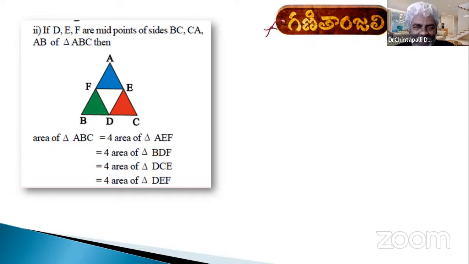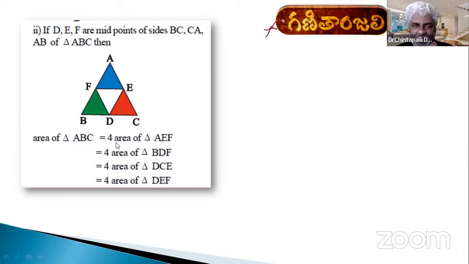Anyhow, pedal is a part of cycle, right? So this triangle is called pedal triangle. And surprisingly, we can see four triangles, four inner triangles, right? All these four are equal. So area of triangle ABC is equal to 4 into area of triangle AEF, and so on.